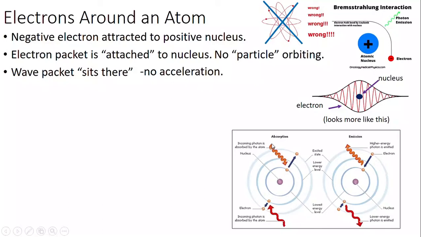A very high energy photon will kick the electron right out of the atom, but if you want to move it from orbital to orbital, and of course orbital is a terrible name because nothing's orbiting, you have to give it a photon of just the right energy. And when electrons move from an excited state down to a lower state, like the ground state, they give off a photon of just a certain frequency. So that's what's right about this, and of course what's wrong is that they are implied to be orbiting, and they're not.